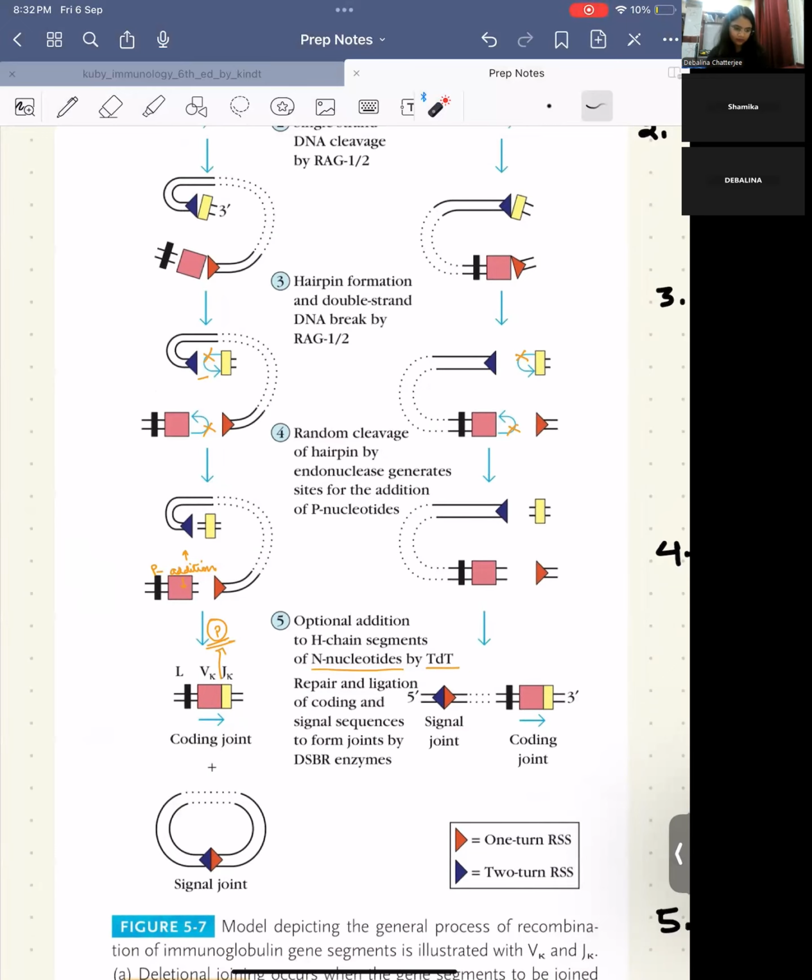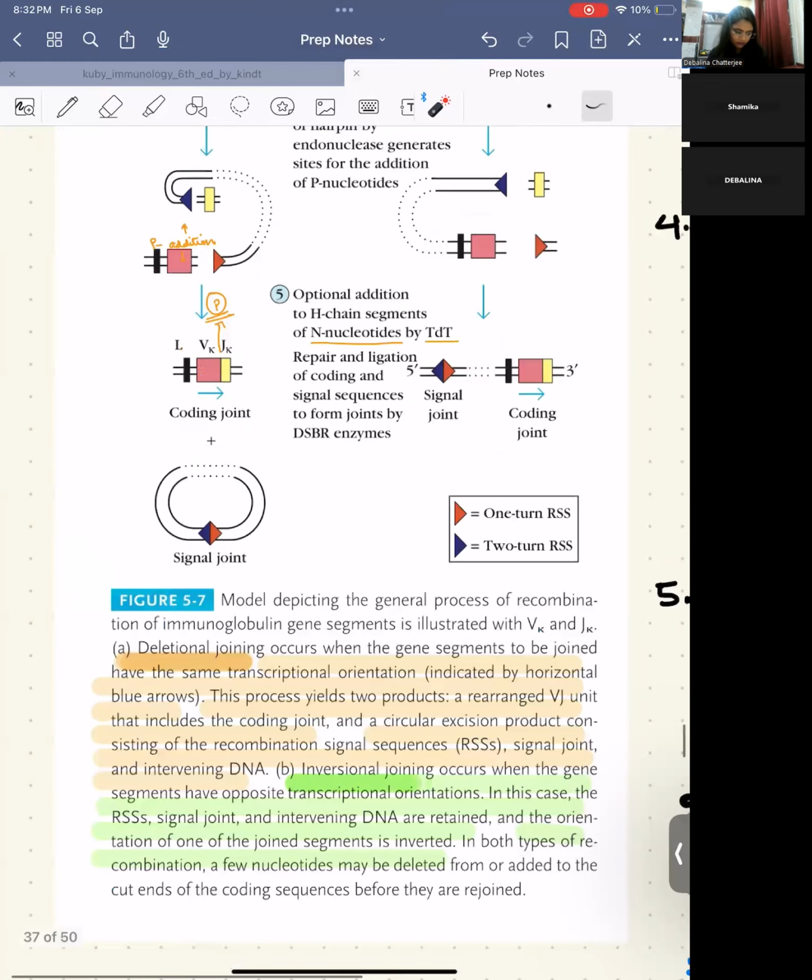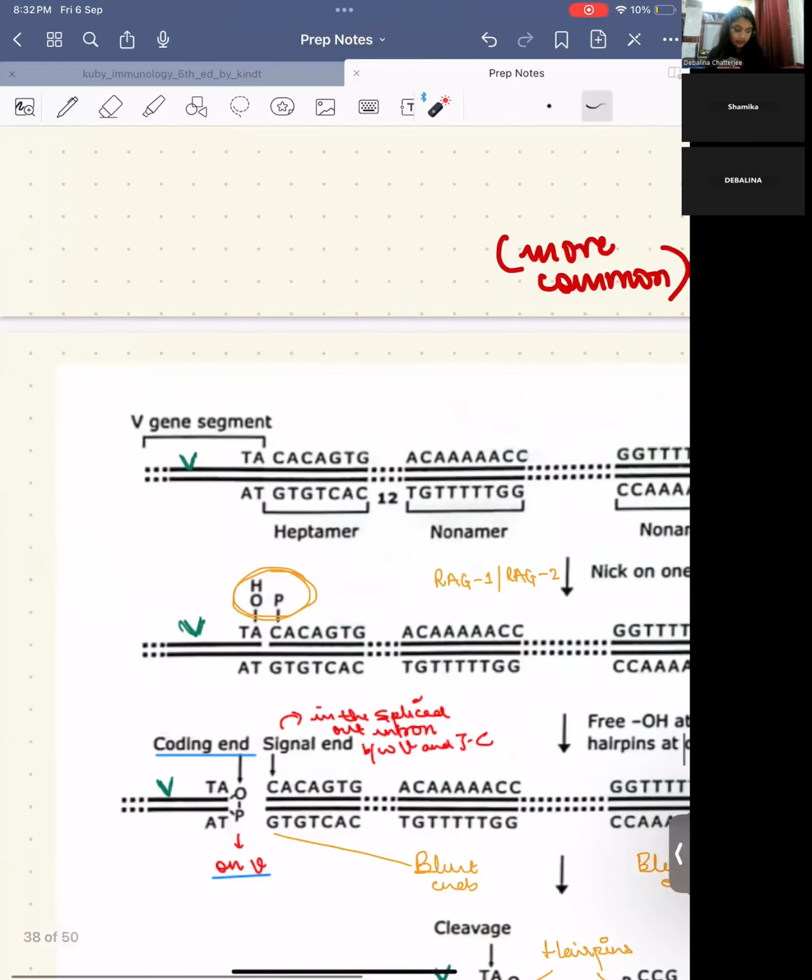Ma'am, how is that 3' phosphate group making an attack on this other gene? Because it is not an attacking reagent, we can say it is an attacking nucleophile. It is a free 3 prime.